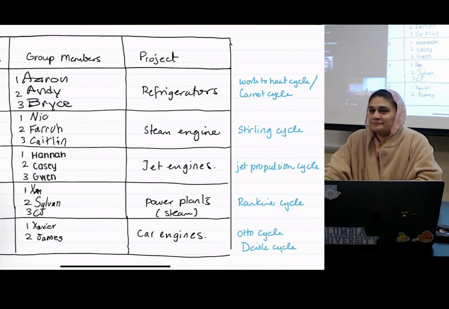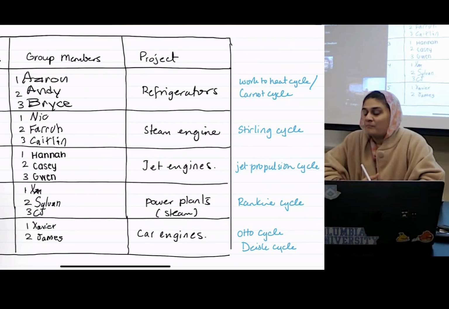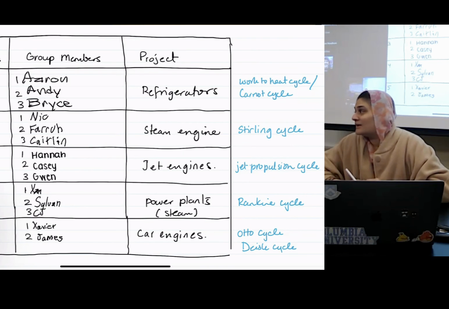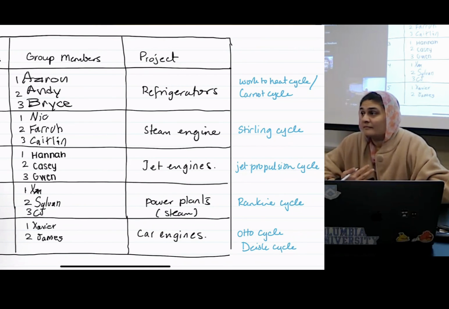Write it down. I don't care if you write down every single cycle, but I want you to write down your cycle, because you are responsible for explaining your cycle to the class. And they are in the book and beyond.